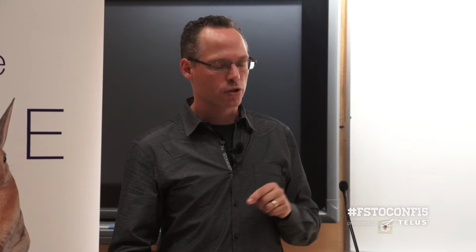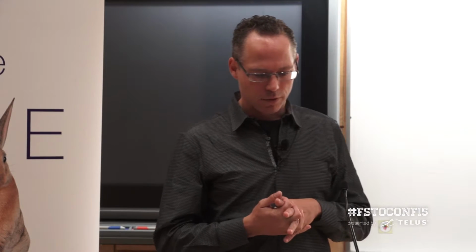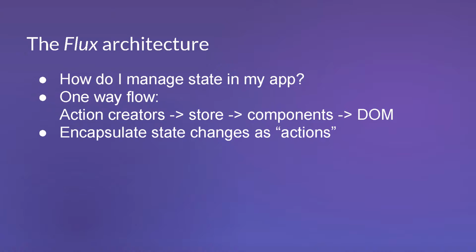State always flows in this very regular way. All right, the Flux architecture, sorry, so this is what I was just talking about, this management of state and the ordering within the application.